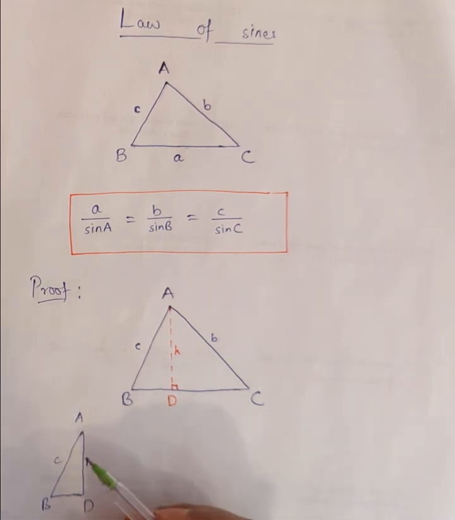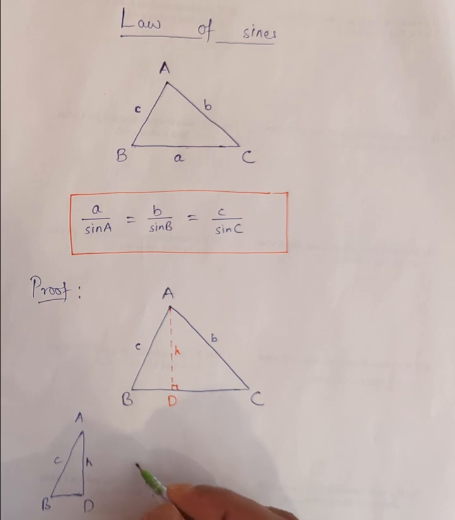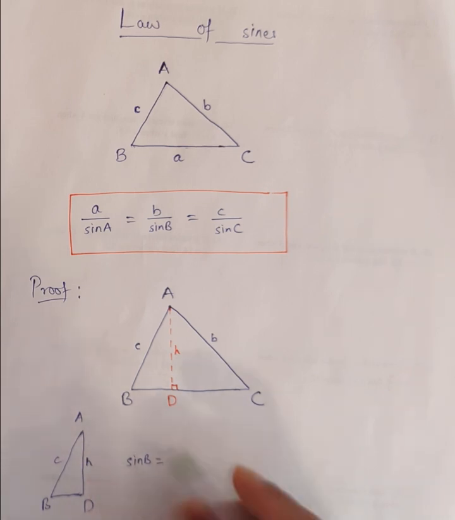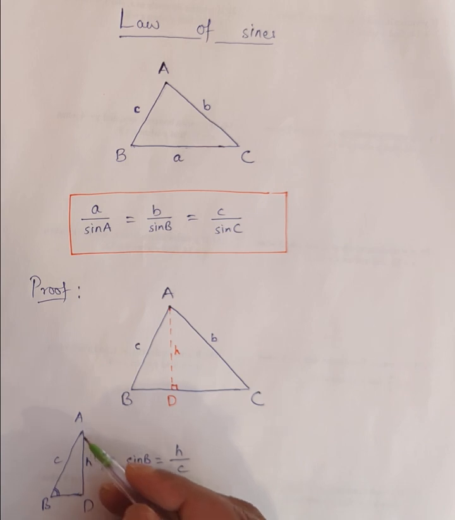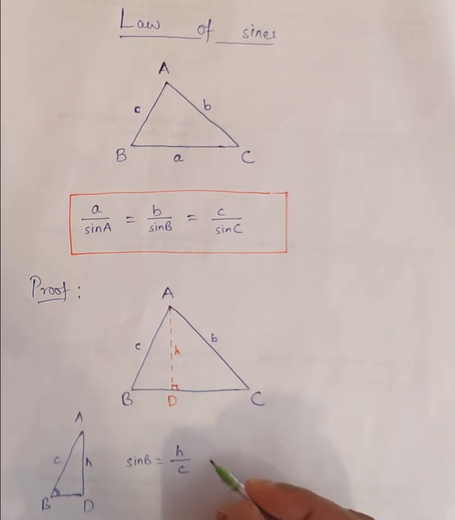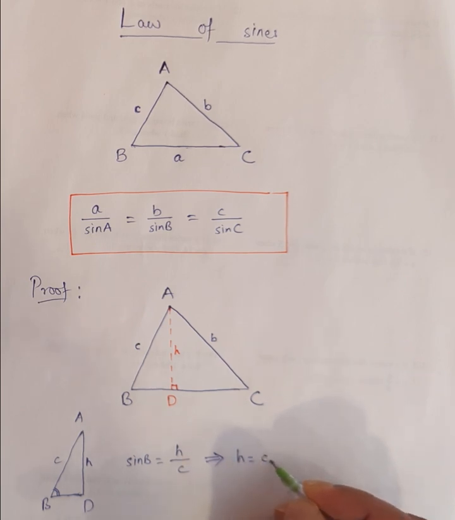Now notice angle A got split, so this is no longer angle A, but this is still angle B. So if I consider sine B, it is opposite over hypotenuse, so that's going to be h over c. And notice I can write h as c sine B.